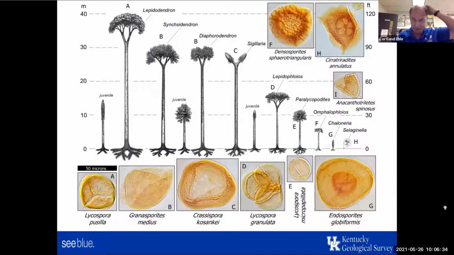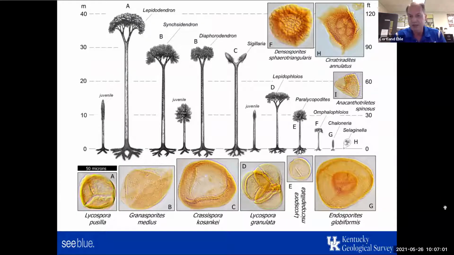My friend and colleague Stan Opluštil has done a lot of work with Omphalophloios. Chaloneria, which in my less than humble opinion goes down as the ugliest Pennsylvanian lycopod, was just a shrubby little thing, but it produced a very lovely spore, Endosporites globiformis, and some other species of Endosporites.